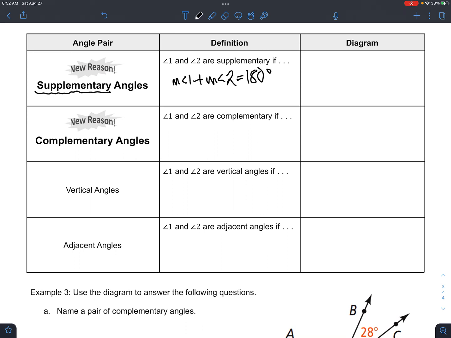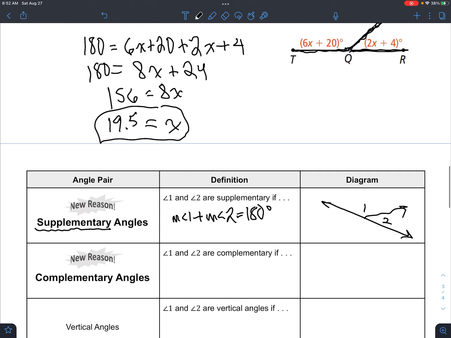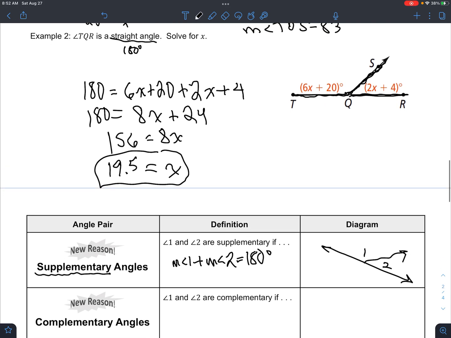You've probably seen that word before in geometry in 7th and 8th grade. A picture of this would be two angles that make a line. Sorry, my handwriting's bad because my iPad's being funny about me resting my hand on it. Those two angles add to 180 because it's a straight angle. It's kind of just like the example we just did.